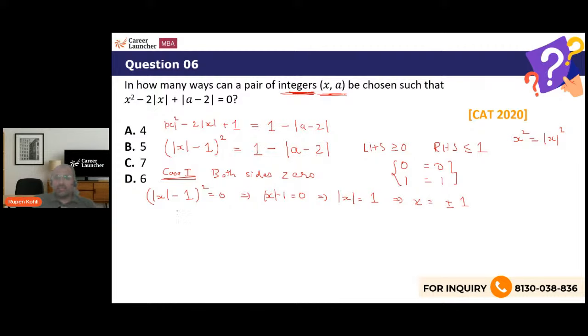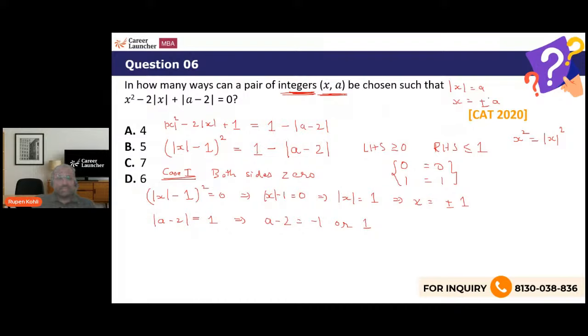And RHS is 0, which means that 1 minus mod of a minus 2 equals 0. So mod of a minus 2 equals 1, which means that a minus 2 is either minus 1 or plus 1, the standard result of a modulus equation. If mod x equals a, then x is either plus or minus of a, as long as a is a positive number, right? So what do we get?